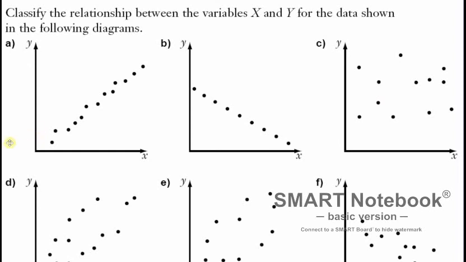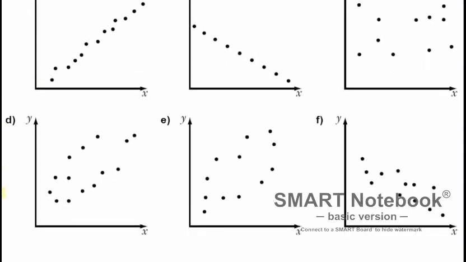Moving down to D, we get into some wishy-washy ones here. Is D showing a weak positive correlation or moderate positive correlation? It's a little bit subjective at this point as to what you might say versus maybe somebody else. Same thing with E. Is this moderate or weak positive correlation? Somewhat uncertain.